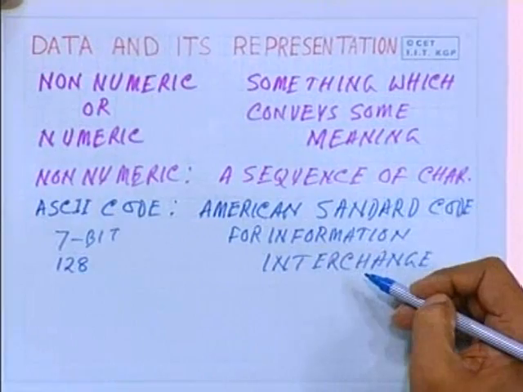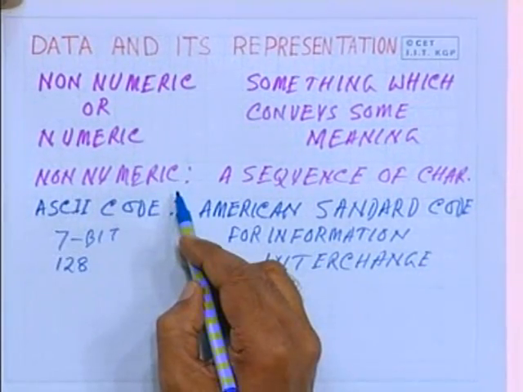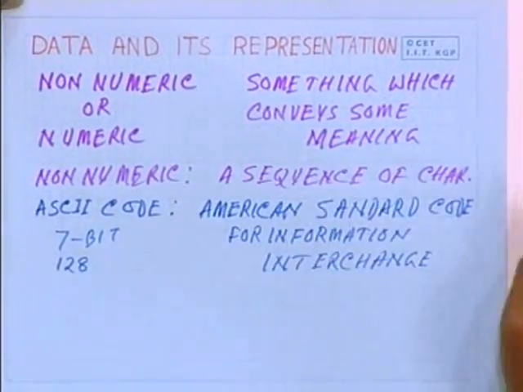Now, whenever you are storing some non-numeric data inside the processor, we use ASCII code. But usually you will find that most of the processing is done on numeric data. So, how the numbers are represented inside the processor, we have to understand.